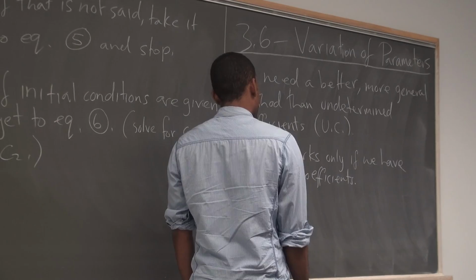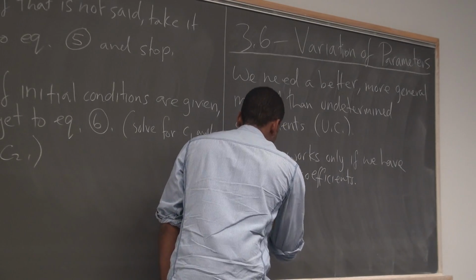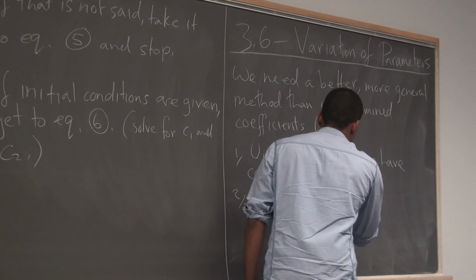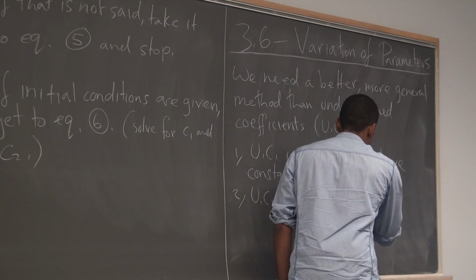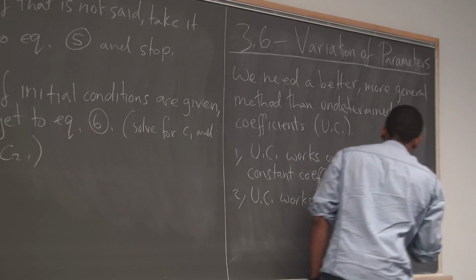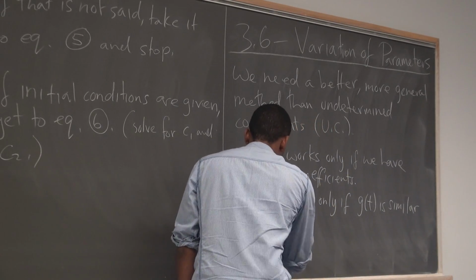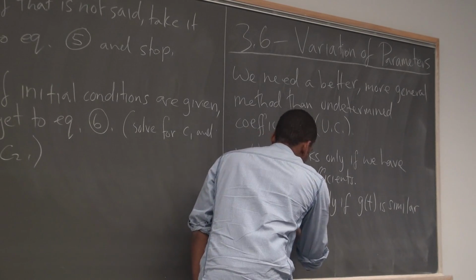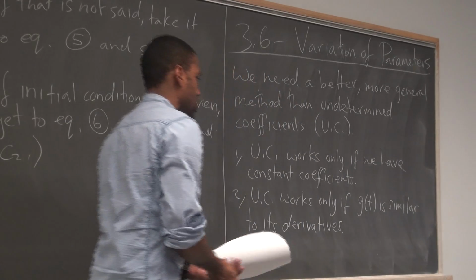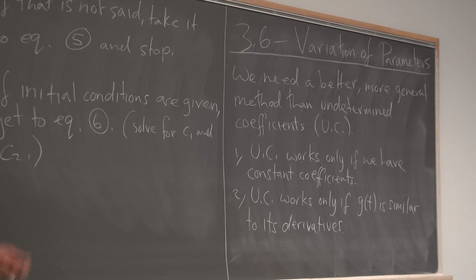Another thing is undetermined coefficients works only if g of t is similar to its derivatives. So notice what happened in undetermined coefficients.